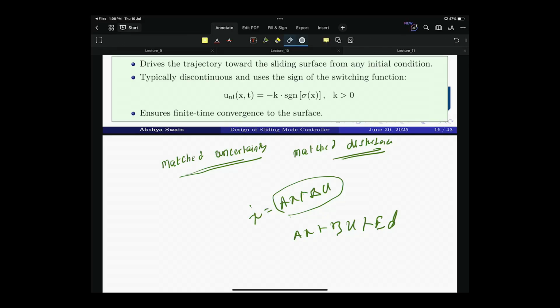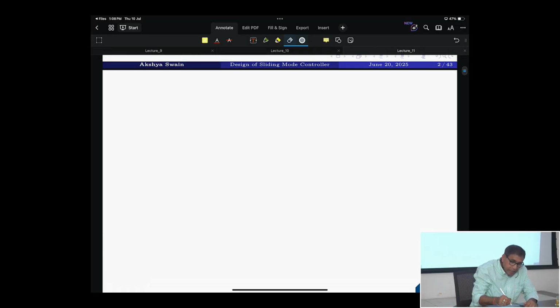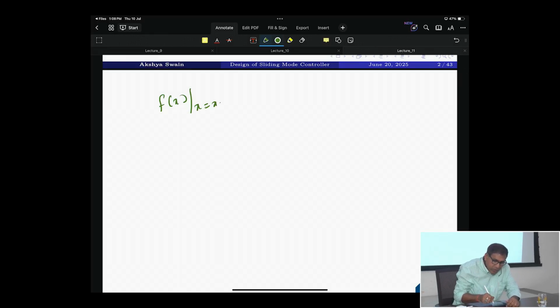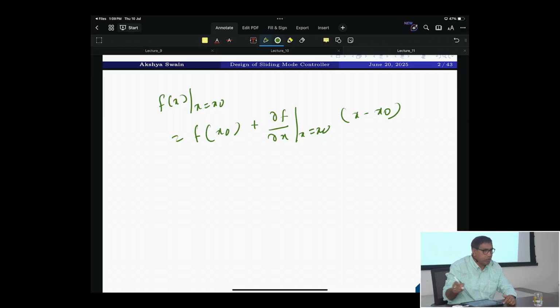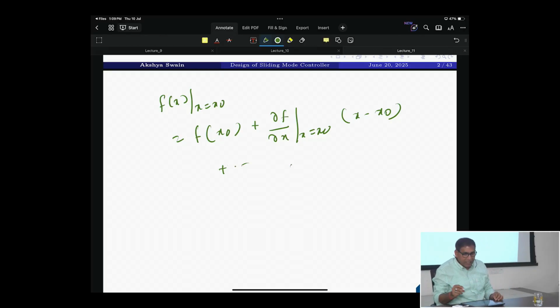A function f of x around a point x0 is f(x0) plus del f over del x at x equal to x0 into (x minus x0), plus higher order terms. That is the Taylor series approximation.